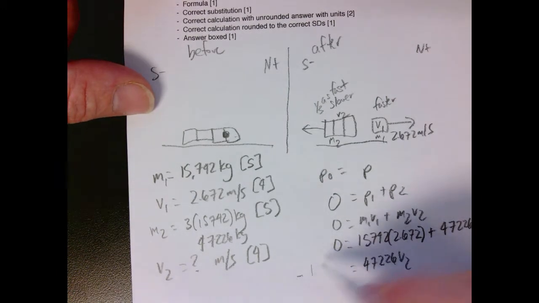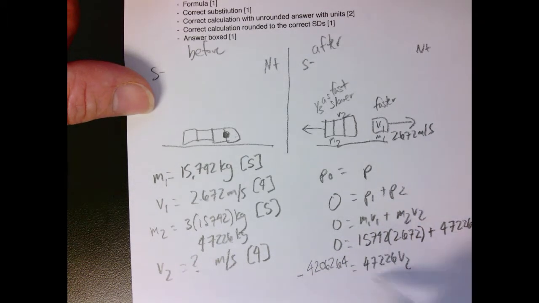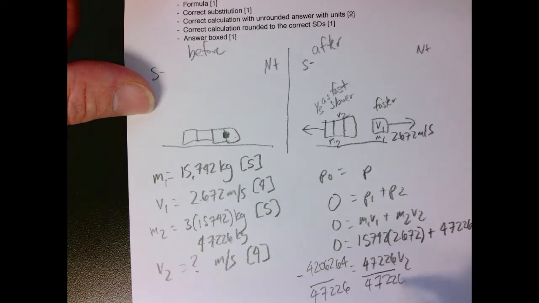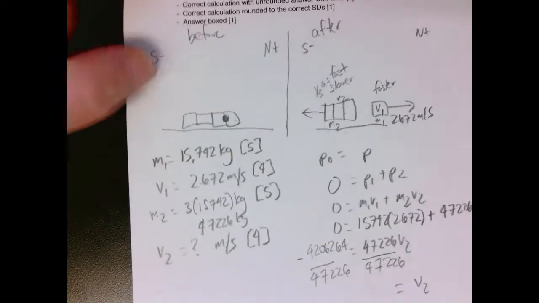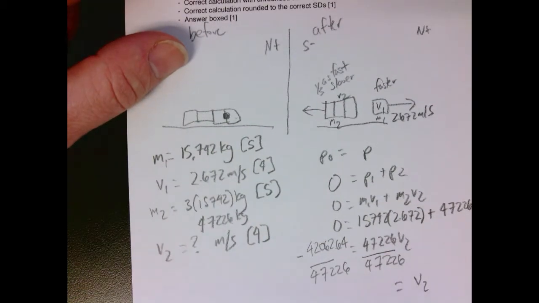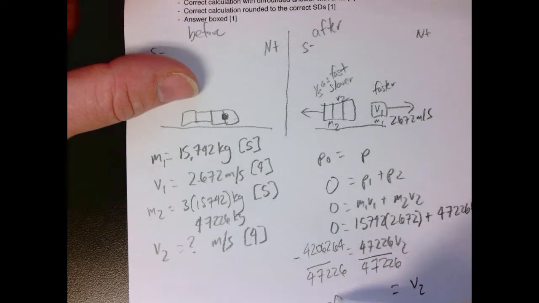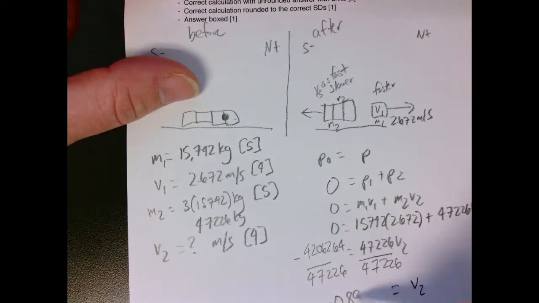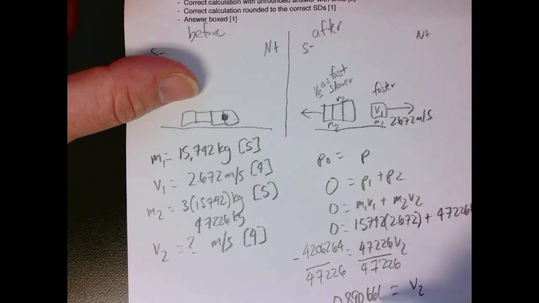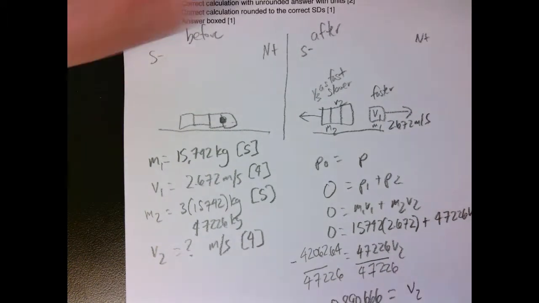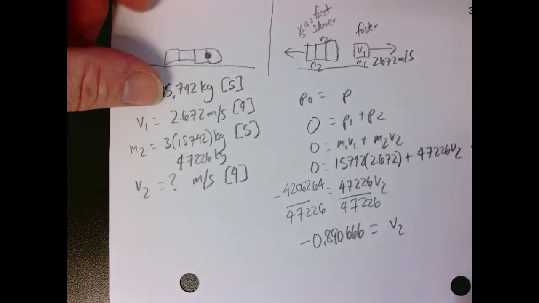negative 42,062.64, dividing both sides by 47,226. And we find that V2 is negative 0.890666 meters per second.